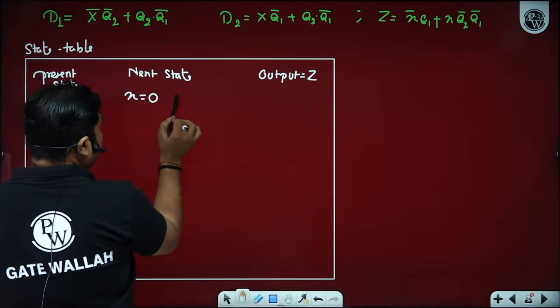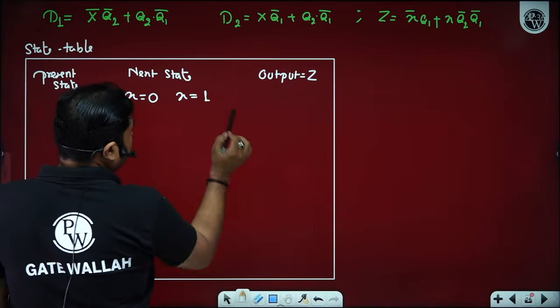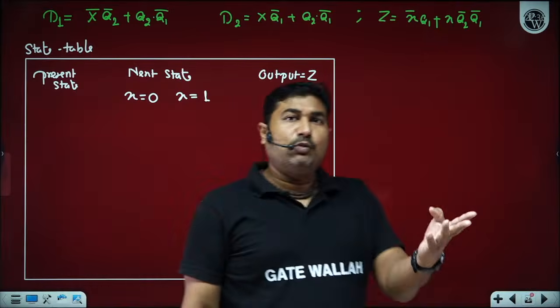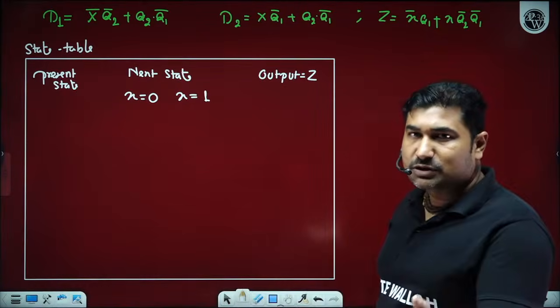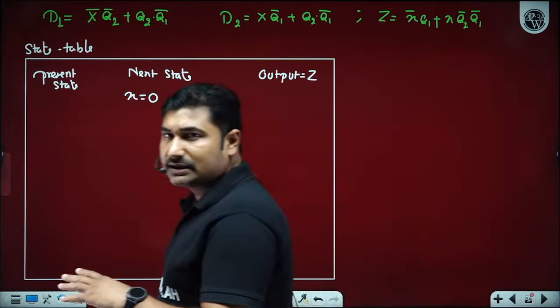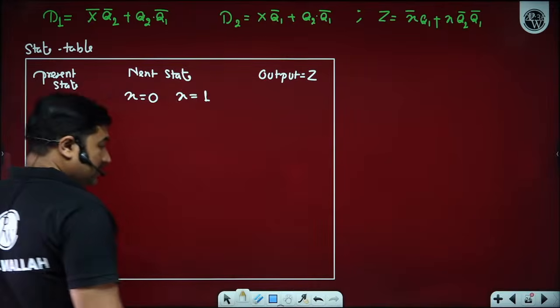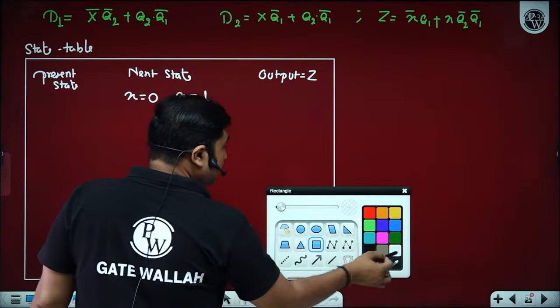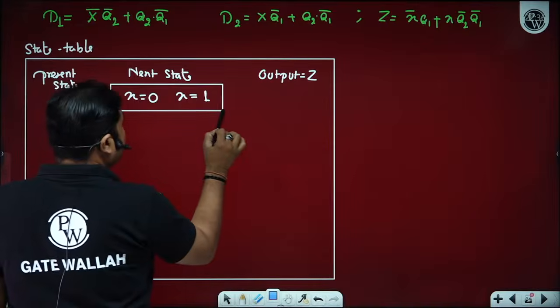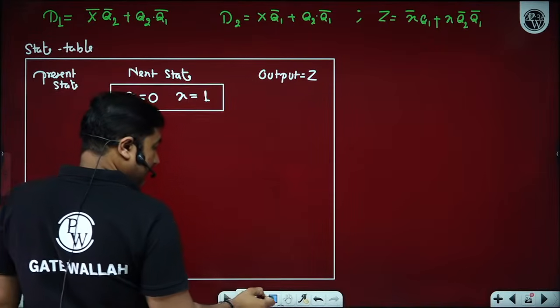Since we have one input, it has two possibilities. If we have two inputs, we have four possibilities. Here we have one input x, so I am taking both possibilities as next state.